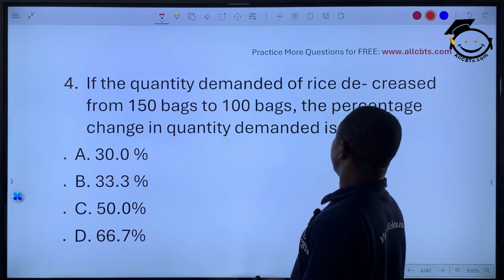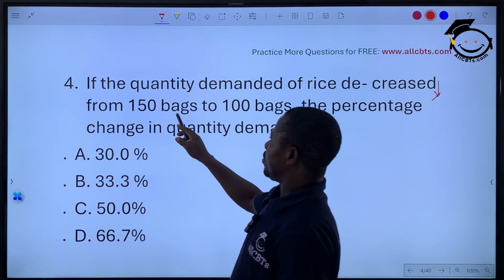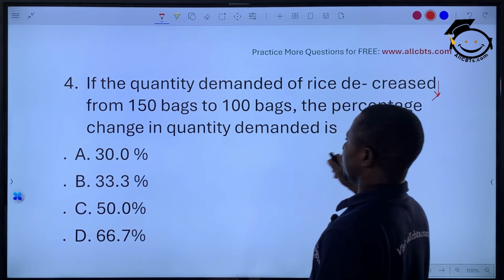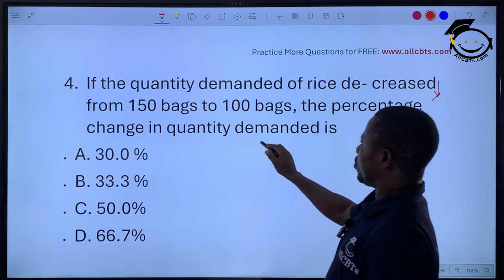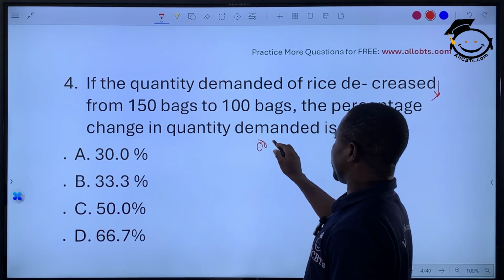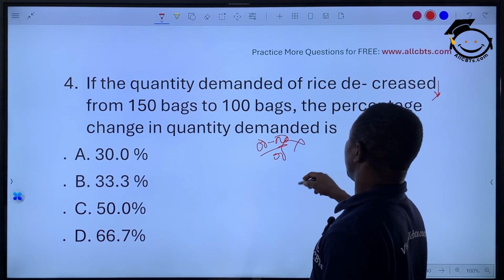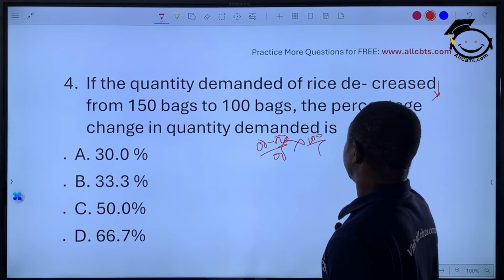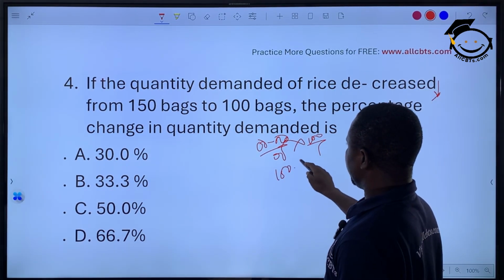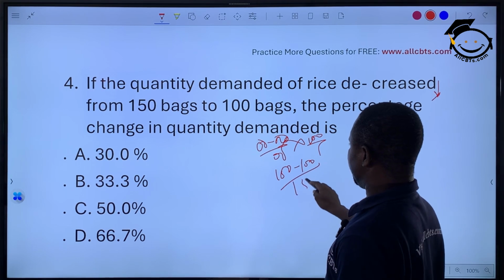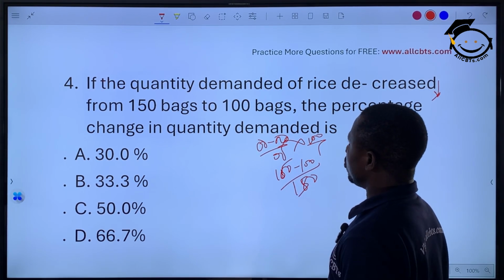If the quantity demanded of a product decreased from 150 bags to 100 bags, the percentage change in quantity demanded is, okay, originally, so you have old demand minus new demand over old demand times 100, because I'm looking at percentage change. So 150 minus 100 over 150. Are you with me?